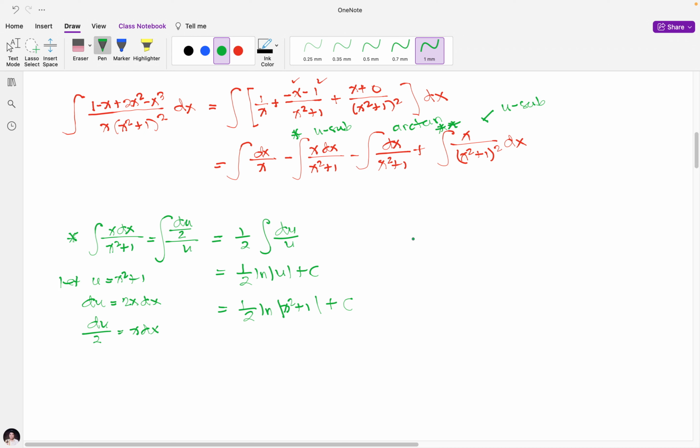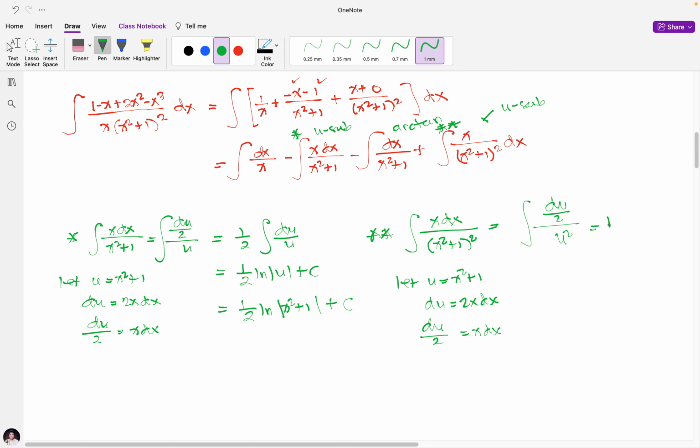Okay? So that's it. And for the second asterisk, we have x dx over x squared plus 1 squared. We let u be equal to x squared plus 1, so du equals 2x dx, so du over 2 is x dx. From that, this is now the integral of du over 2 over u squared, which is 1/2 integral of du over u squared.